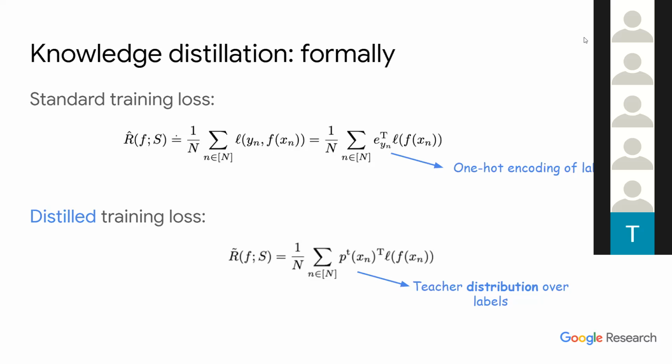So you can see a very similar pattern here: you have the loss term for each label, and then, this is not a multiplication, it is an inner product, with either the one-hot encoding or the teacher distribution. So you can see this similarity.